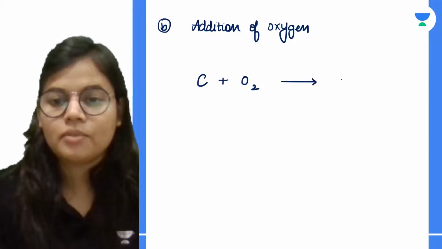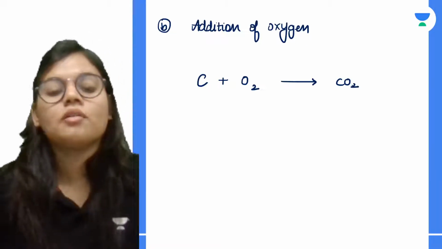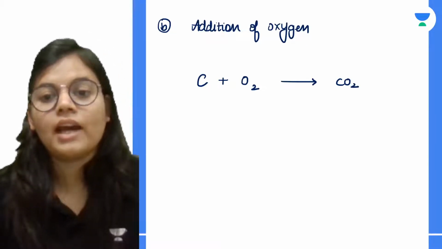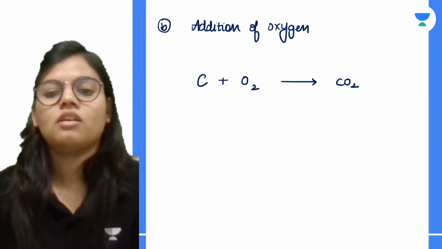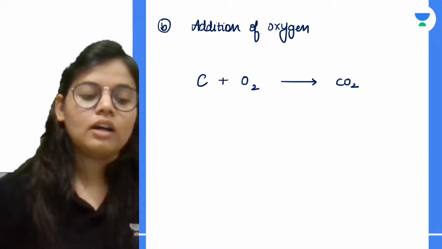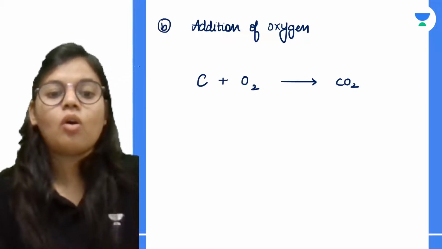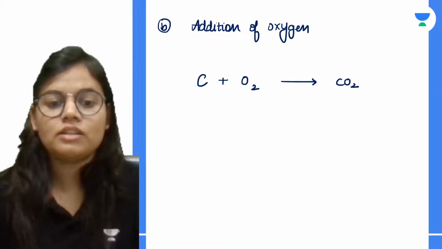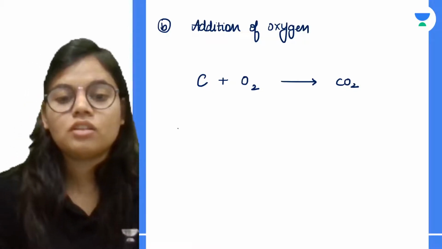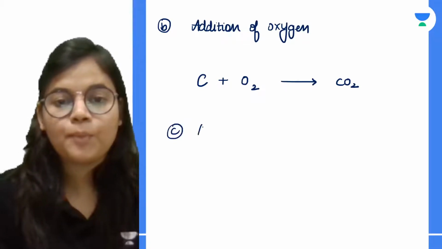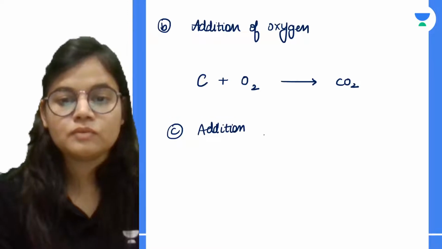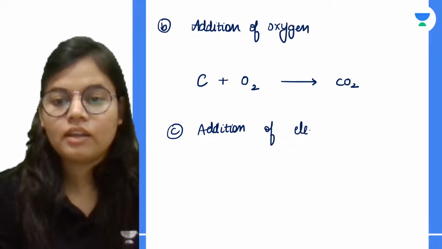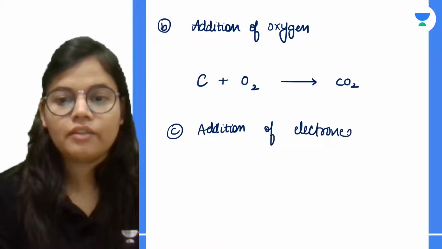Carbon dioxide is formed, and here also oxidation has taken place. Now, there can also be other elements instead of oxygen, right? So the third definition is the addition of an electronegative element.